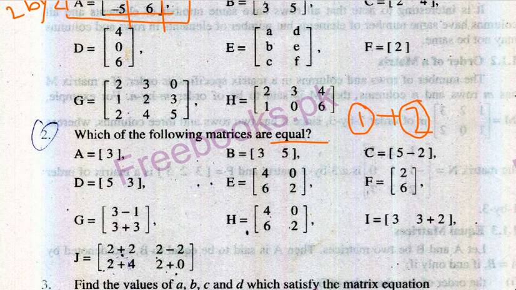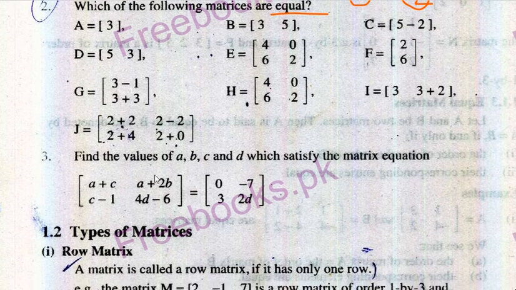In question number 3, find the values of A, B, C and D which satisfy the matrix equation. Now this is an equation because of the equality sign, and you can compare all the entries. A plus C equals 0. The first step is the comparison. A plus 2B equals minus 7.